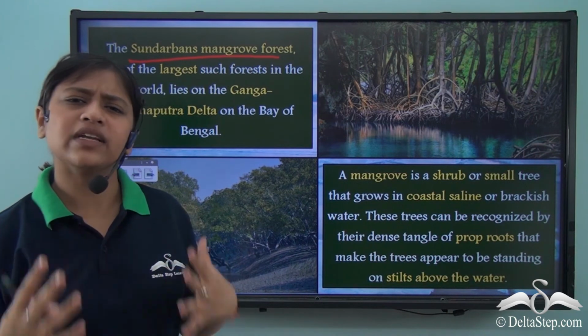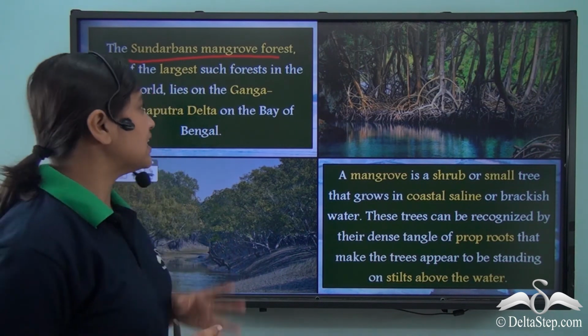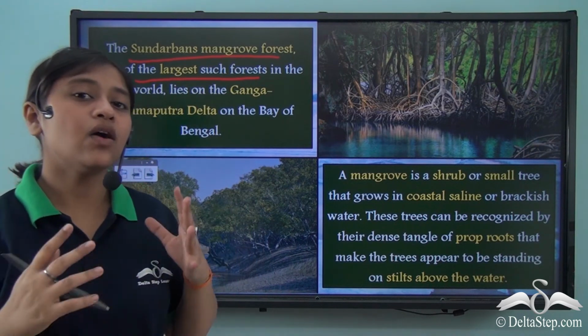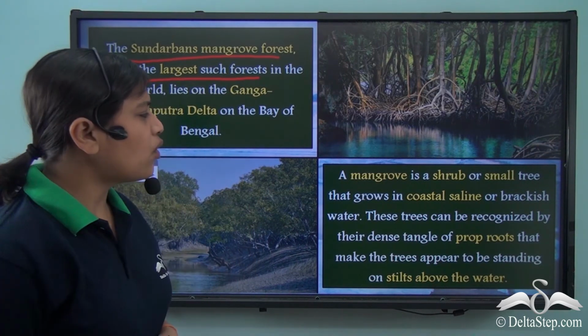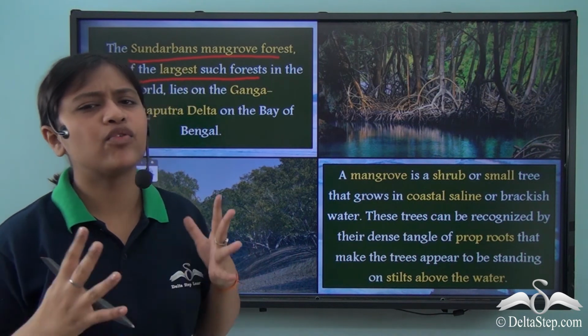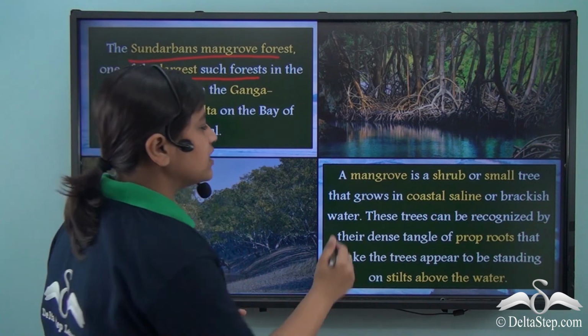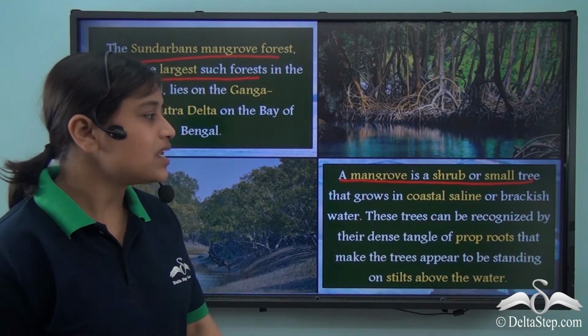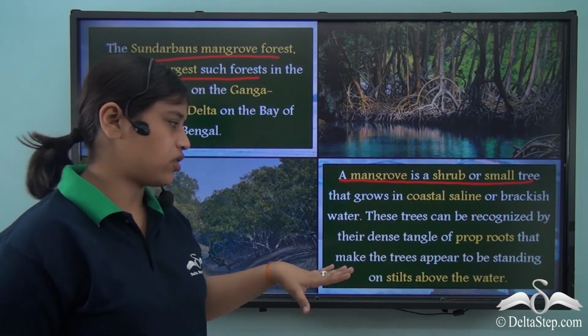Now, what is so unique about this forest? Well, it is the largest of such forest in the world, right? So, what exactly is a mangrove forest? A mangrove is a shrub or a small tree that grows in coastal, saline or brackish water.